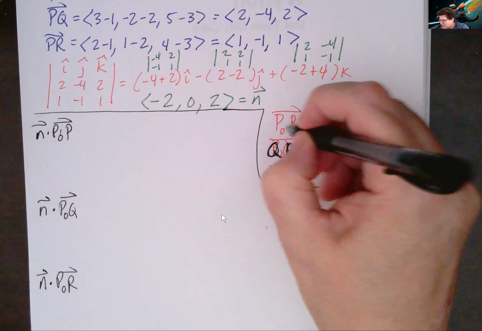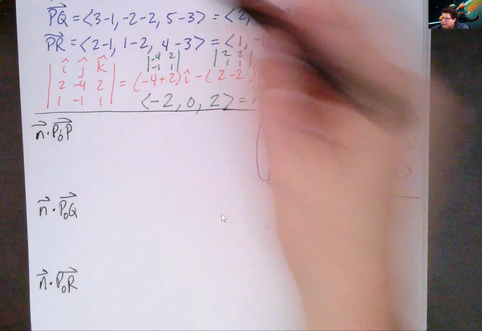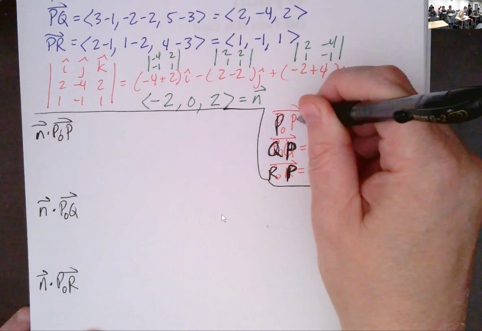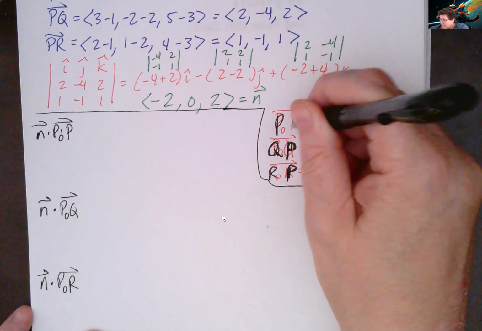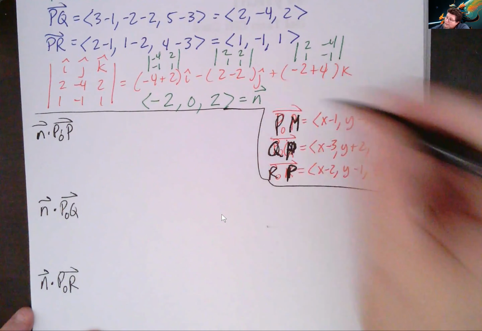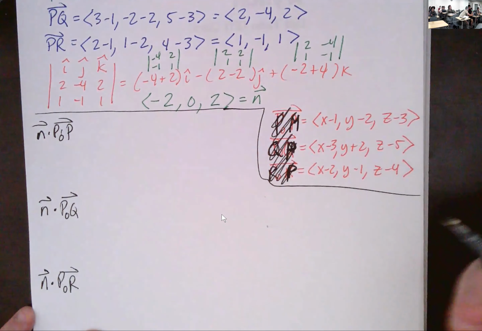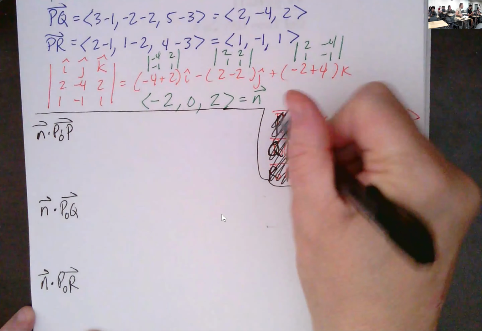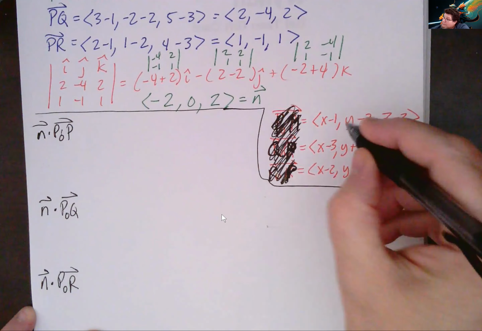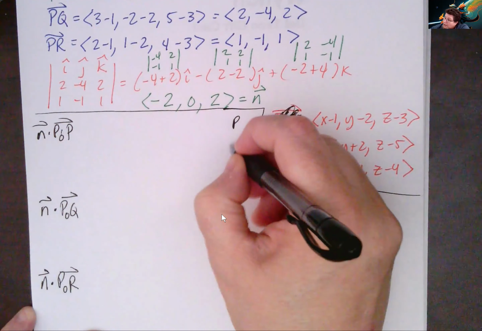Yeah. The P naught is going to be the actual P, or the point we use. Let's call this Q, R, let's go M. I wrote those badly. Oh, I see, that makes sense. I wrote the wrong notation there. I think that's what Eric's talking about. My starting point should be P, Q, and R, which means these are all written wrong.